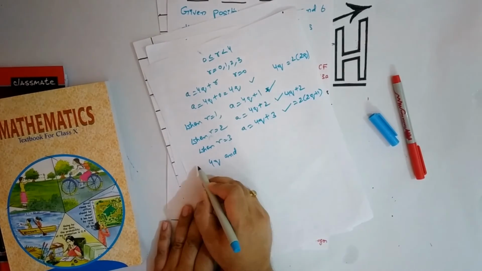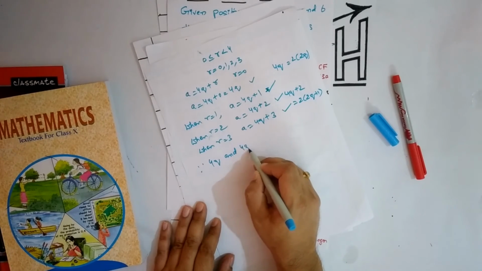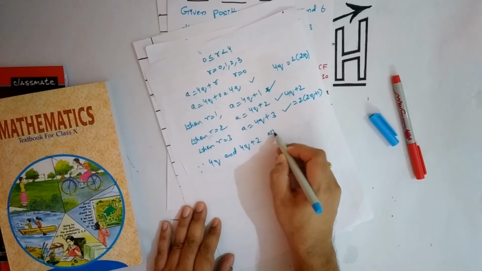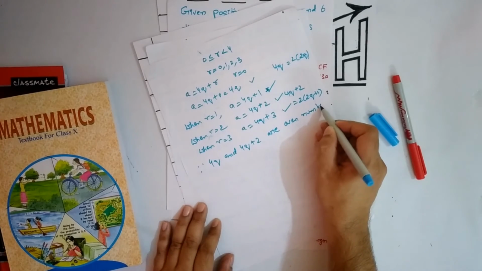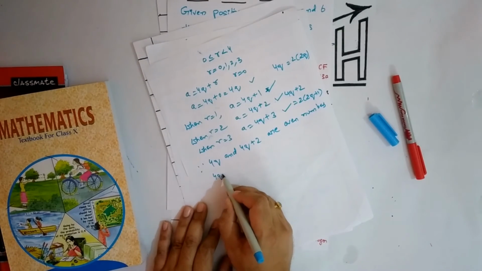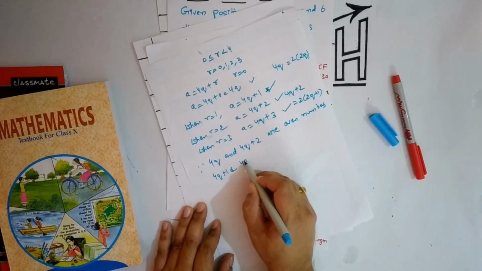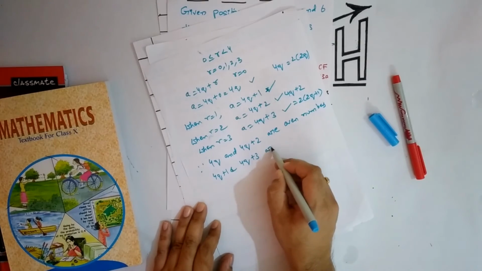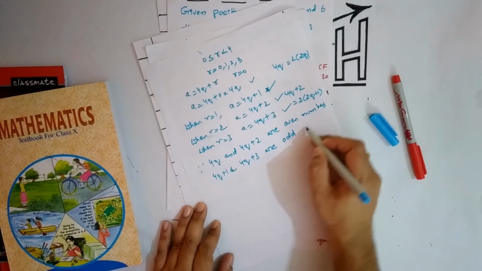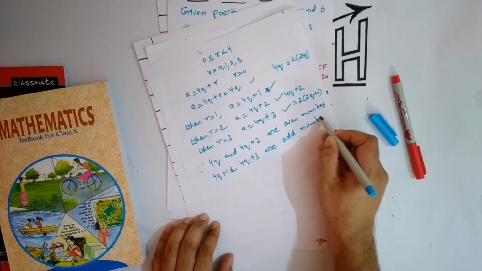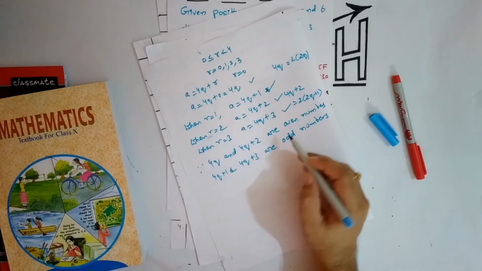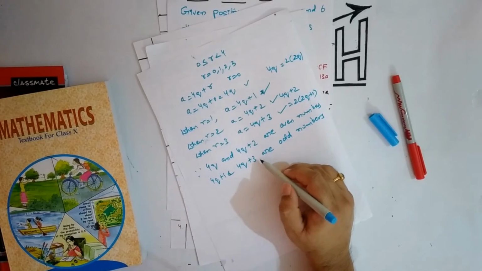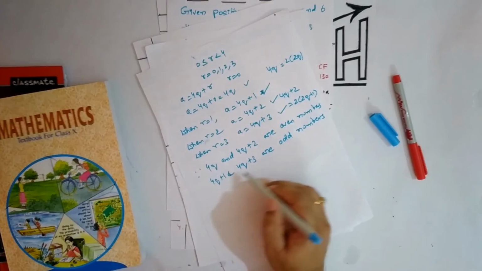Since 4q and 4q plus 2 are even numbers, 4q plus 1 and 4q plus 3 are odd numbers, because a number can be either even or odd. Because these are not even, these numbers are odd numbers.